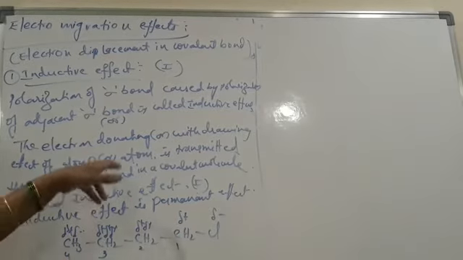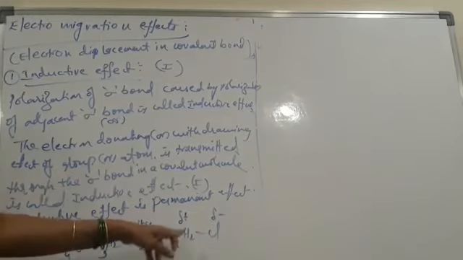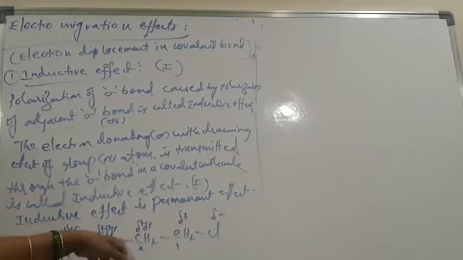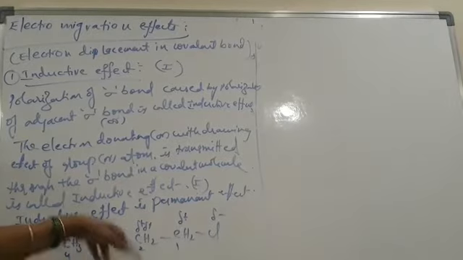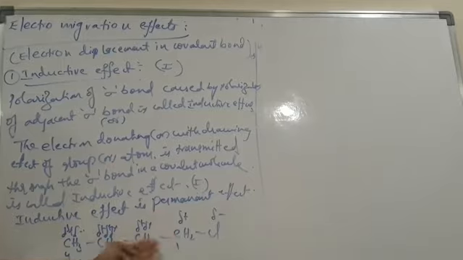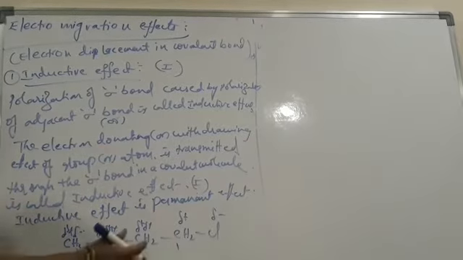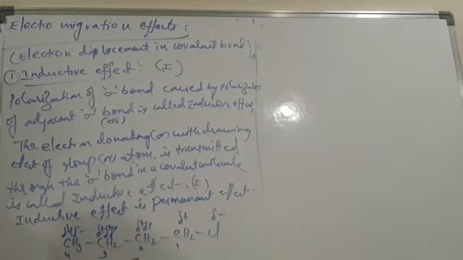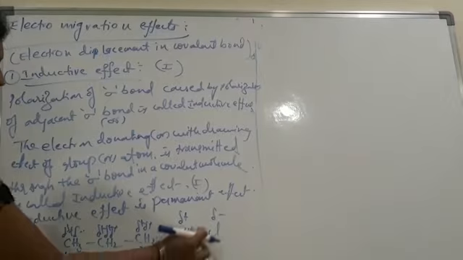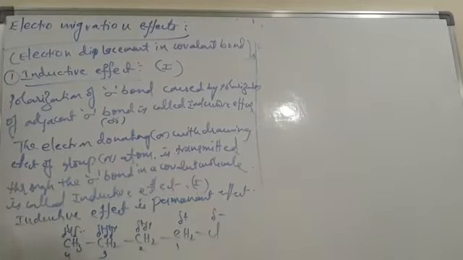So the carbon atom bonded to the chlorine atom gets bonded with another carbon atom. This inductive effect is transmitted through the chain. But here the inductive effect is less than the effect on the carbon directly linked with the chlorine.